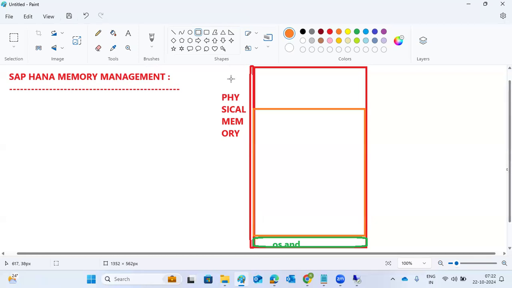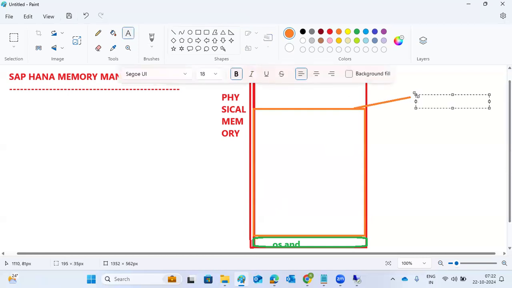It will use the amount of memory you give to HANA. This memory is called the HANA memory, the total HANA allocated memory.